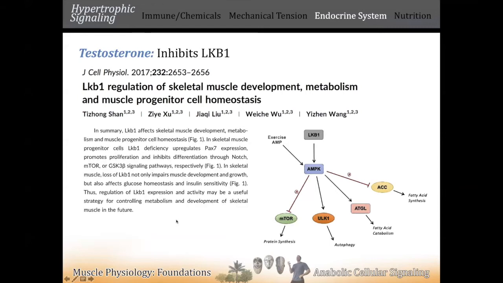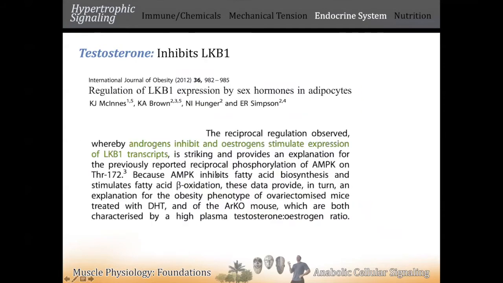Now, if you knock out LKB1, just because LKB1 is catabolic doesn't mean it's not critical to muscle homeostasis, right? That it's not critical to the metabolism and development of skeletal muscle. If you get rid of this thing, you're going to be in trouble. So just because something is catabolic doesn't mean it's horrible for your muscle, right? It's about balance. It's about homeostasis. It's about fitness.